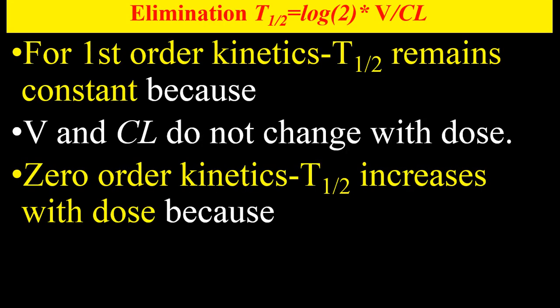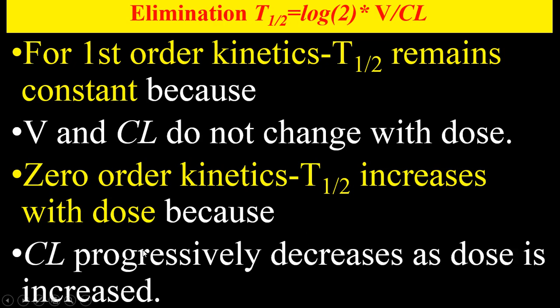Okay, now again the same thing has been given here. T half life is equal to log 2 into V divided by clearance. For first order kinetics, T half remains constant because, as I told you, clearance is constant and volume of distribution is also constant. But in zero order kinetics, it increases because, as I told you before, as the concentration is increased, clearance decreases.